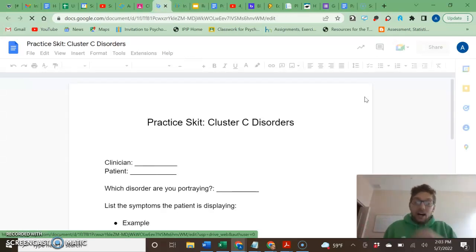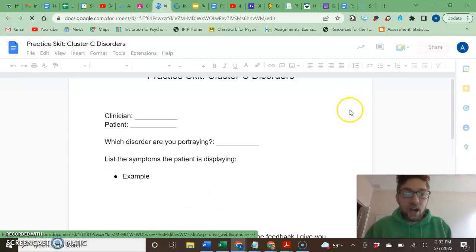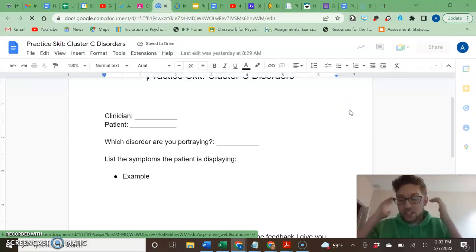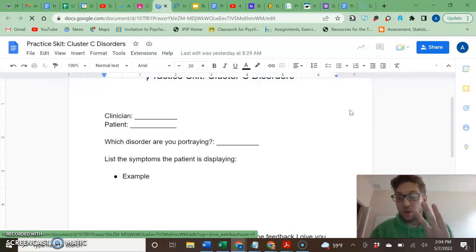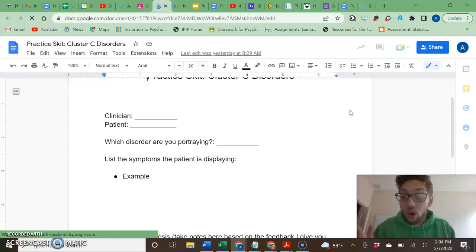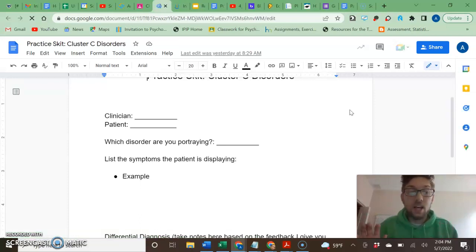So basically, I ask you to fill this out: clinician, patient, what disorder are you portraying? List the symptoms of that disorder. They should be accurate, right? So I was asking you for this exercise in class, right, to pick one of the 3 I just went over, right? So for the project as a whole, you can pick any number of disorders that we've covered so far, right? But for this particular practice, I want you to pick one of the 3 just to see if you got it.